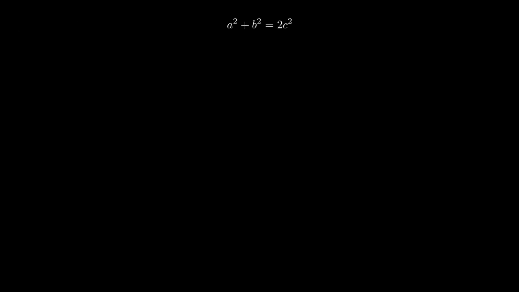Here's our a squared plus b squared equals 2c squared equation. I'm going to divide everything by c squared, so we can end up with an equation in terms of just 2 variables. And it's okay if we redefine a over c and b over c as x and y because they're still rational values. Now for this trick to work, there needs to be a rational solution to this equation. Fortunately, this is easy. The answer is x equals 1 and y equals 1.